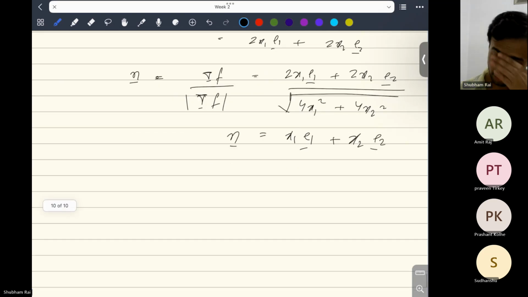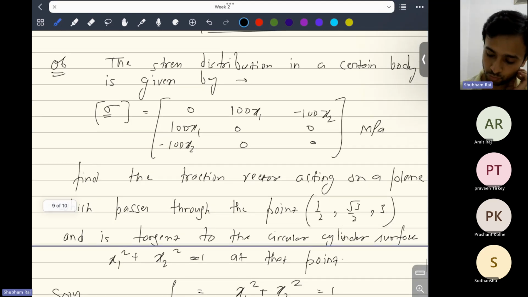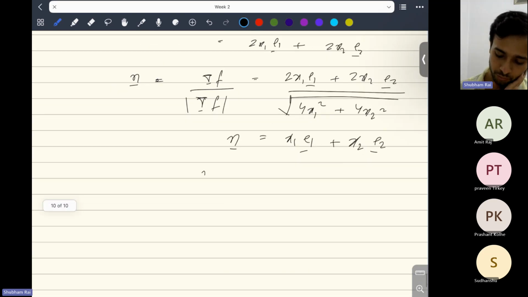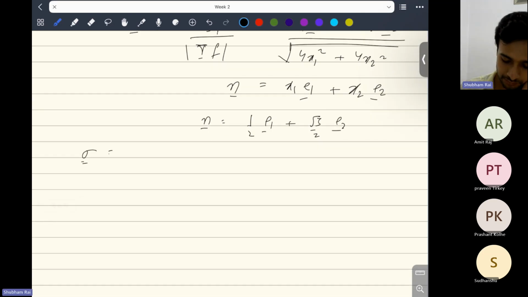So now if you put the x1, x2 coordinate, the coordinate is 1 by 2, root 3 by 2, and there is no x3, so there is no need of the third coordinate. So you put x1 is equal to 1 by 2 and x2 is equal to root 3 by 2. That is 1 by 2 e1 plus root 3 by 2 e2, right? And now you have sigma also. So for sigma, you can just put the values of x1 and x2.